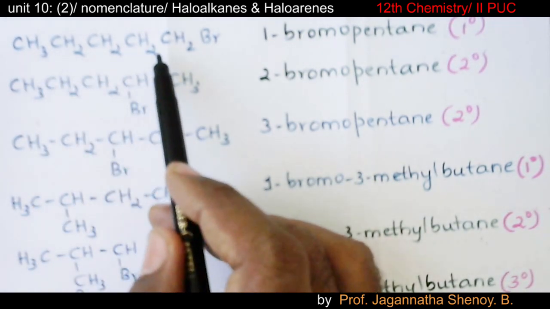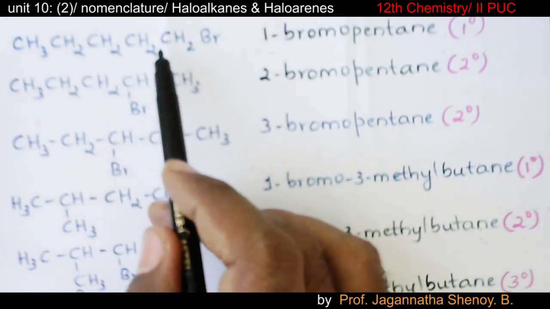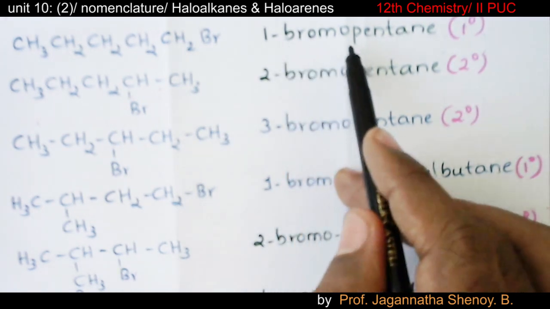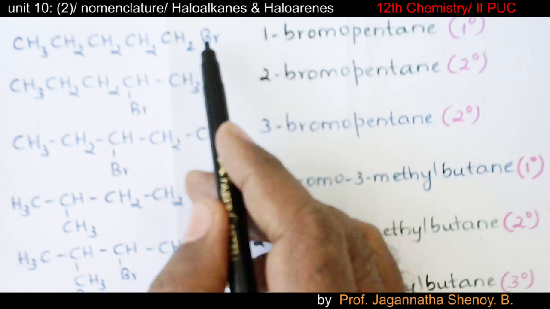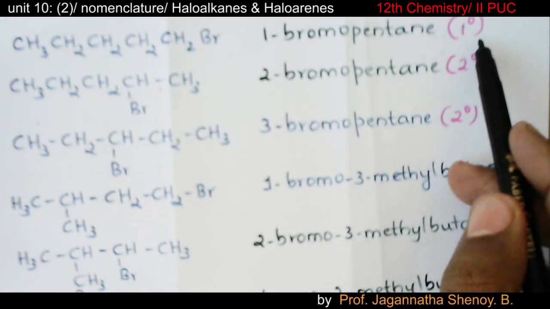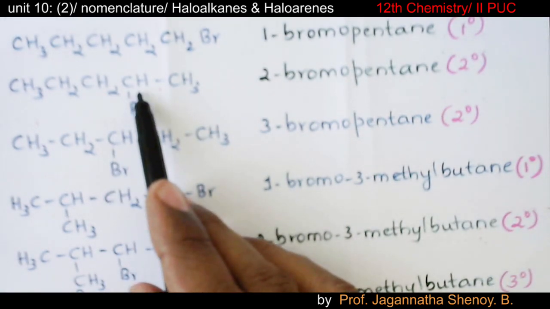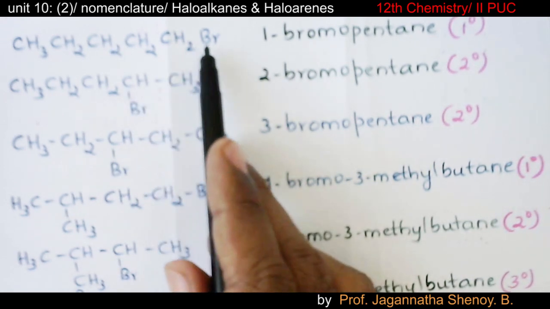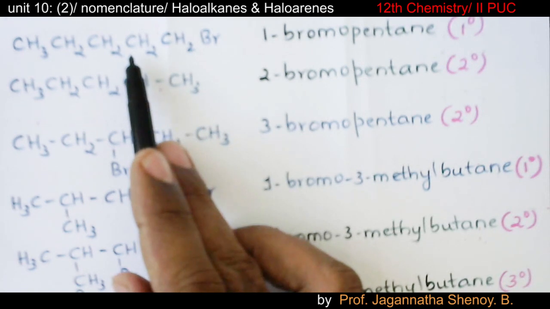This is the simplest one you can consider. All the 5 carbon atoms are in a linear chain. Obviously, N-pentyl bromide is the common name. The IUPAC name is 1-bromopentane. And it's very clear, the carbon atom with the bromine atom has 2 hydrogens, so it is a primary alkyl halide. The next one is actually the position isomer of the first one, wherein the position of the bromine atom is shifted from the first carbon atom to the second carbon atom.